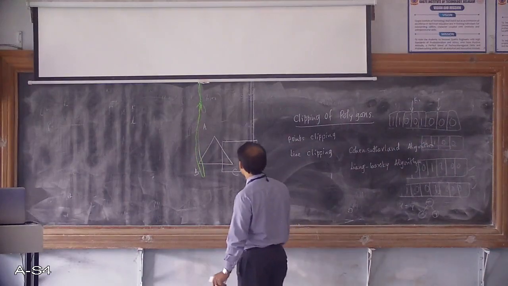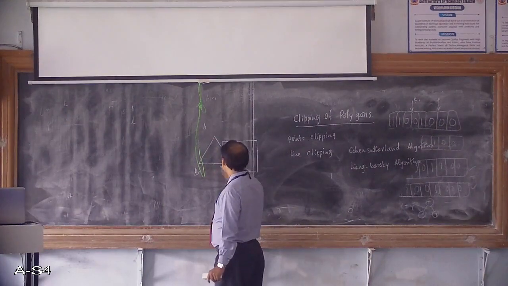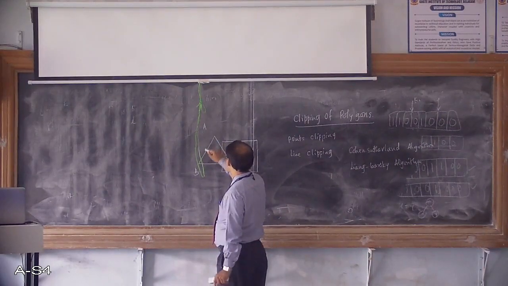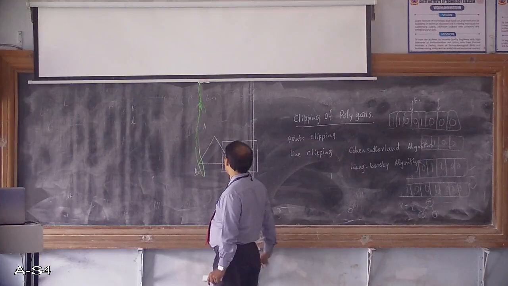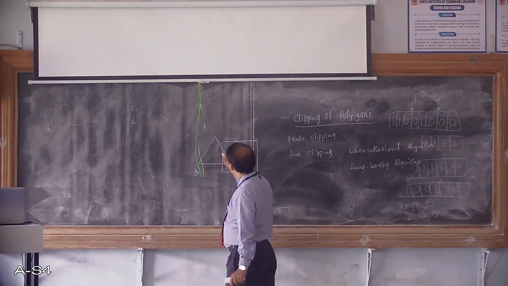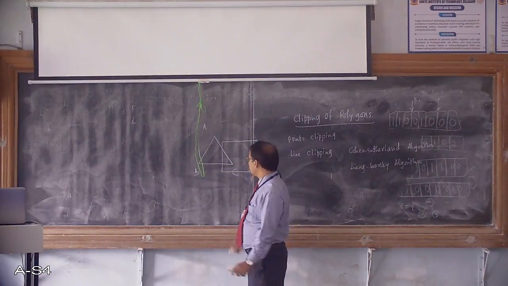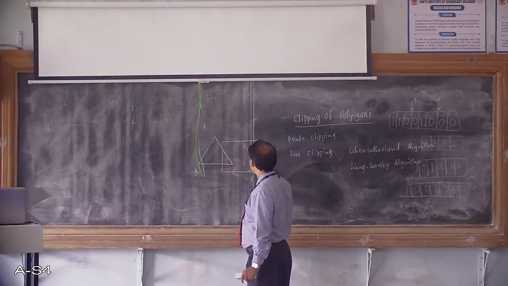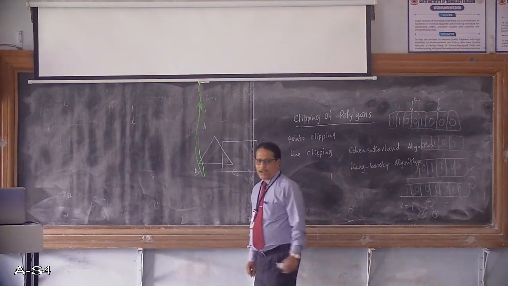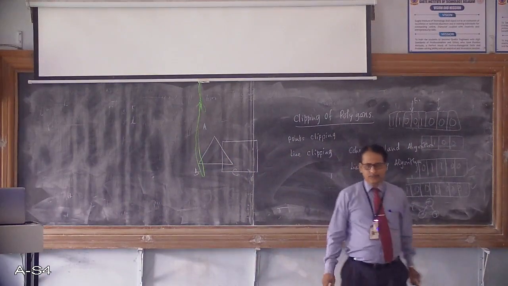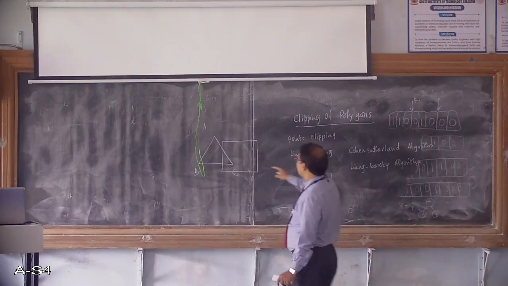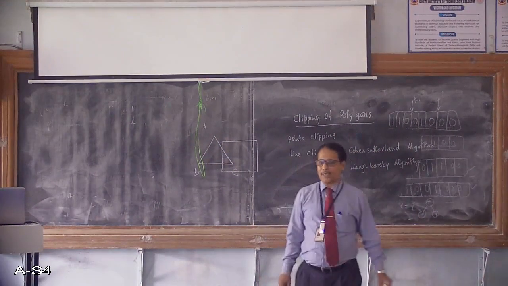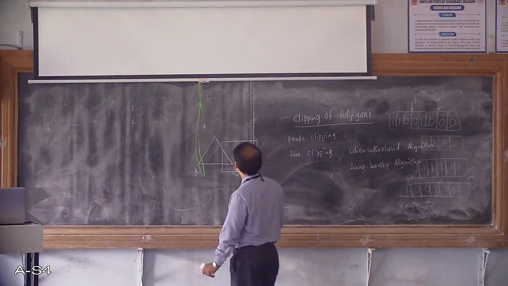In this example, we have a triangle with three edges AB, BC, CA, and two edges of the triangle are intersecting with the boundary of the clipping window. I can apply the line clipping algorithm for each of the three edges of the triangle and obtain the clipping.